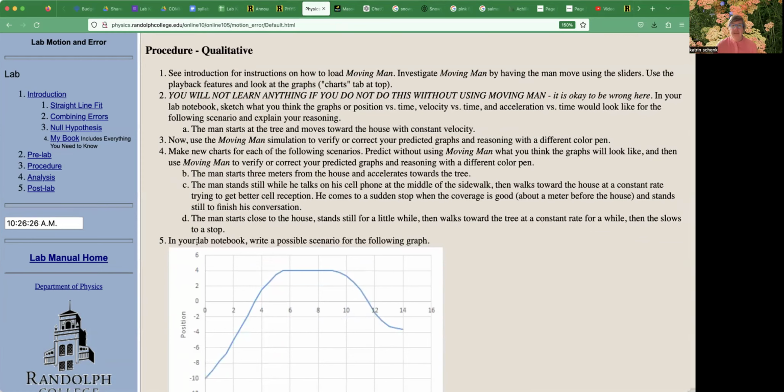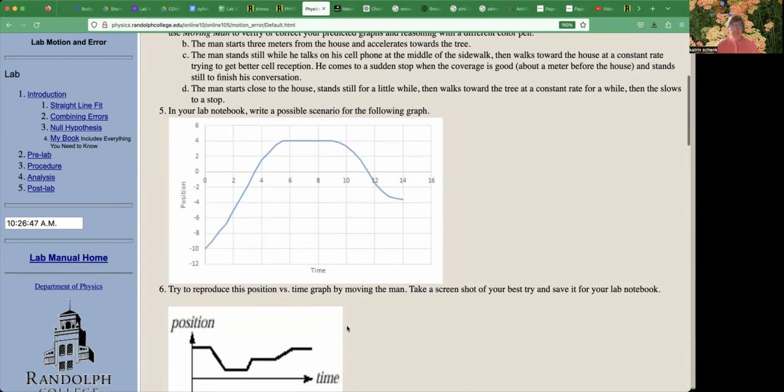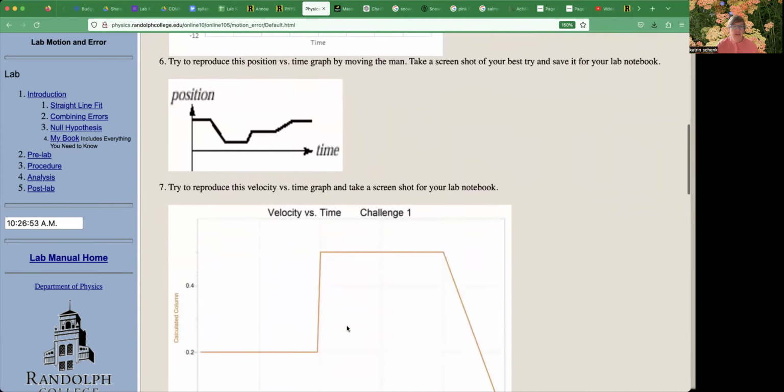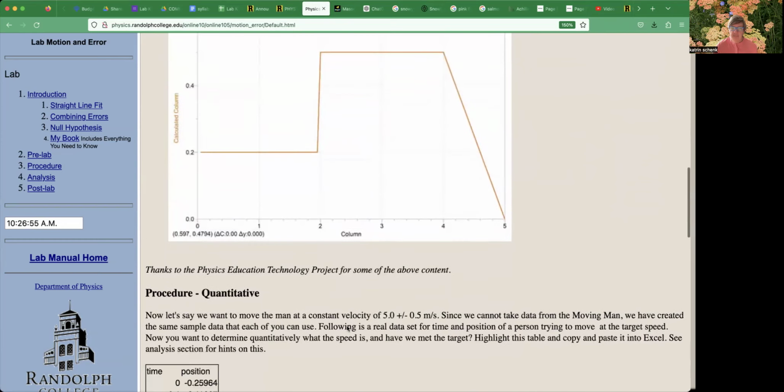And even here in number 5, you can see we're writing in a possible scenario for the graph, right? We don't mean that you get all the way to -10, but the shape, right? So there's an increasing position here, and then no change in position, and this gradual change here. So you should be thinking about how you would do that with the simulation and then write about it. Okay, and a couple more in the same vein.